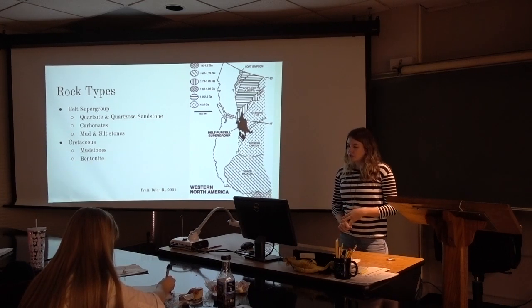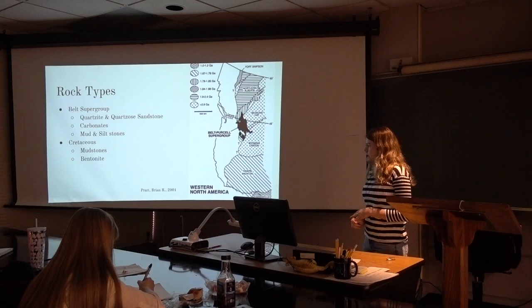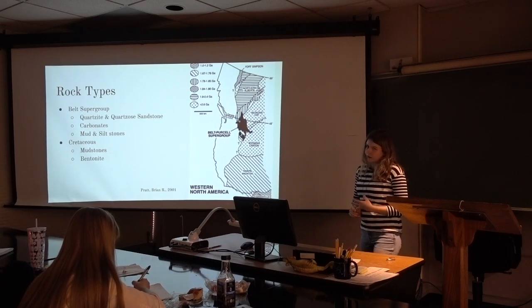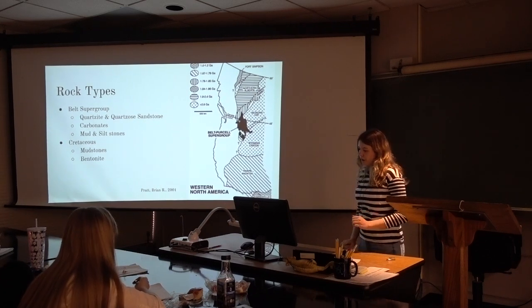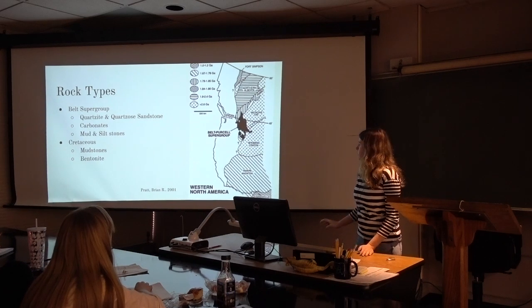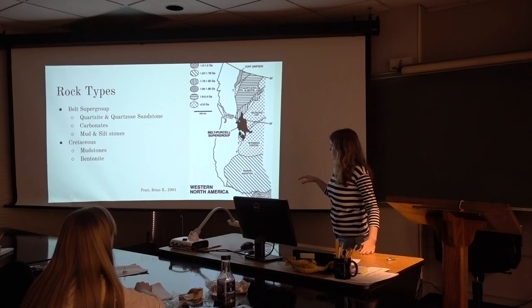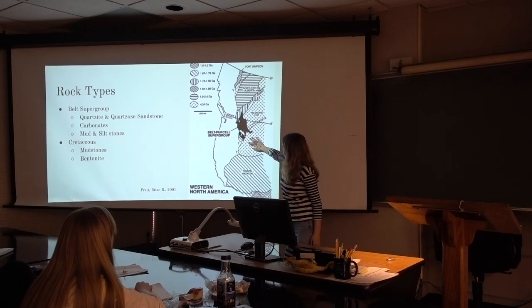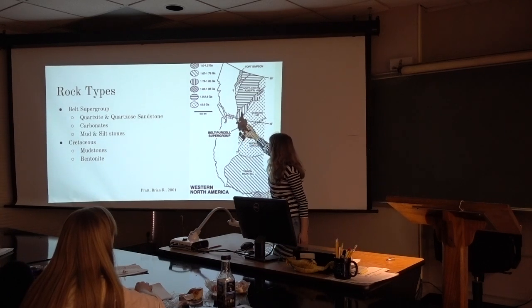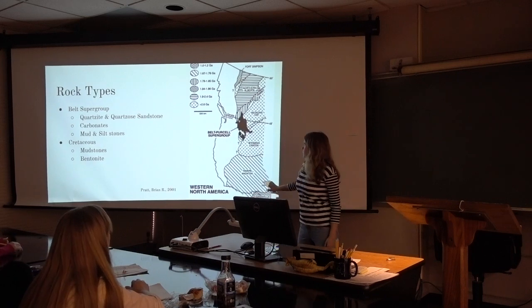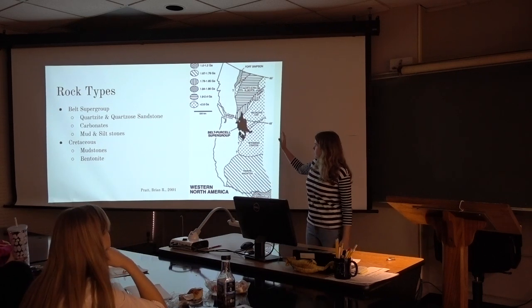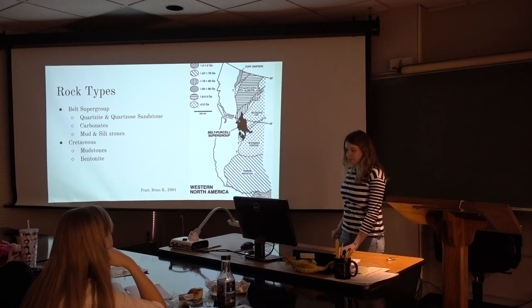And then our Cretaceous rocks, we have mudstone and bentonite. Bentonite is a clay mineral that absorbs a lot of water. Our diagram just shows where the belt supergroup is in the region. Here's Wyoming down here, up here to Idaho and Montana, and the belt supergroup covers that whole region and extends up into Canada.